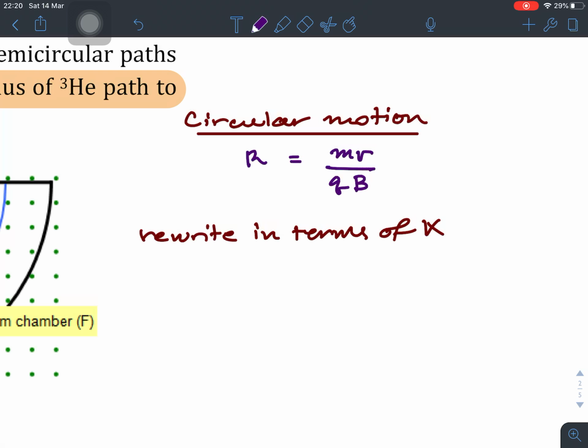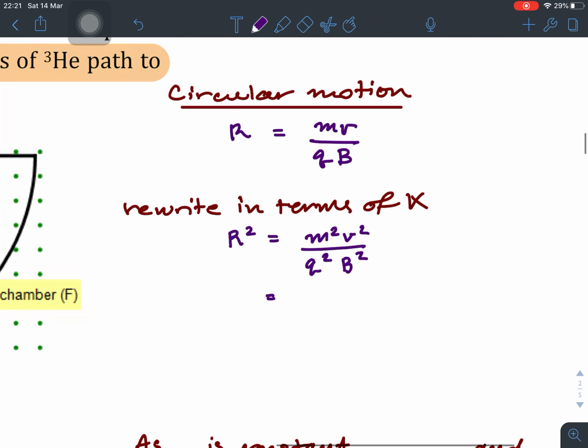If we try to rewrite this equation in terms of K, I'll put a square on both sides of the equation so that I have r squared equals m squared v squared over q squared B squared. And then if I want to write this in terms of K, or half mv squared, I separate half mv squared to here.